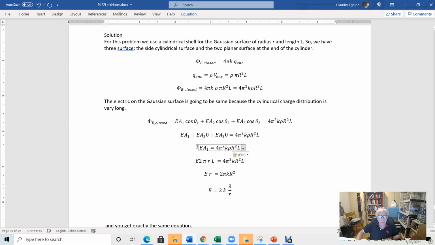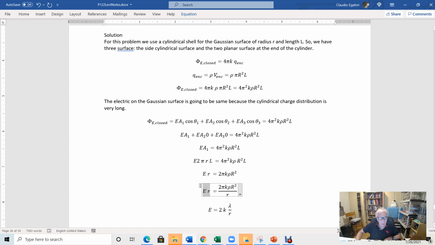That's why I like to use that other software. It keeps track of all of that for you. Sometimes we make a mistake with those software. And let's see. Okay, I cancel everything that I could have canceled out. And now I cancel the L, I cancel the 2, I cancel the pi. And now all I have to do is to divide by little r.